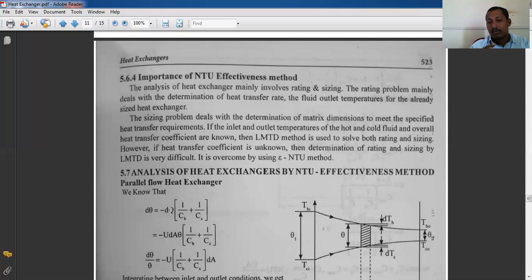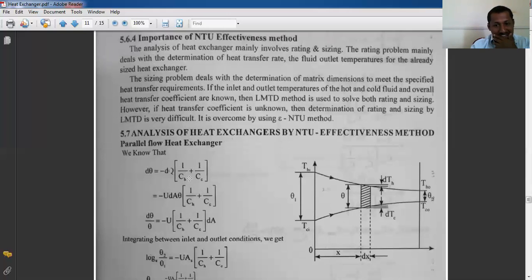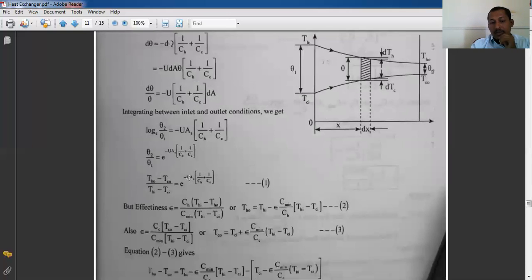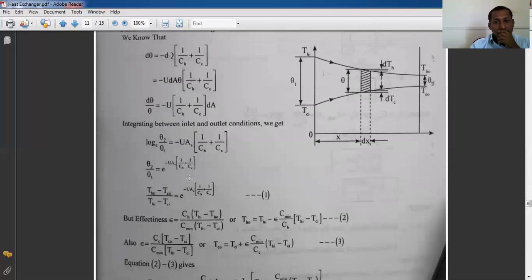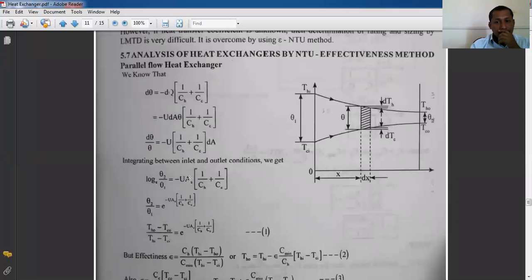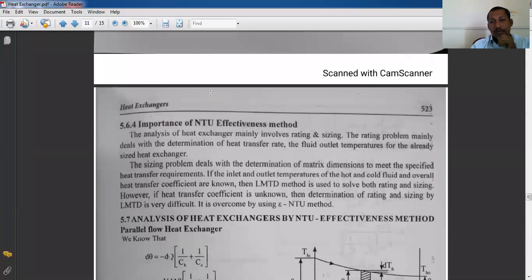It is overcome by the NTU method. If I don't know the overall heat transfer coefficient, it is not possible to calculate the values using the LMTD method. Now I need to go for the NTU method. Okay. In the next class, we will study about this NTU method. Okay. Now we conclude here.